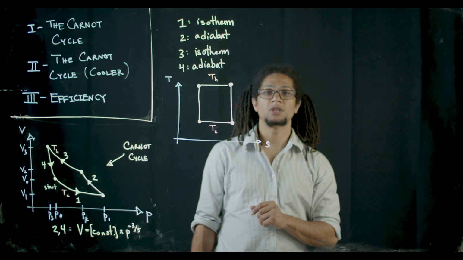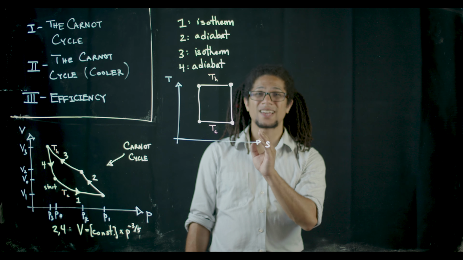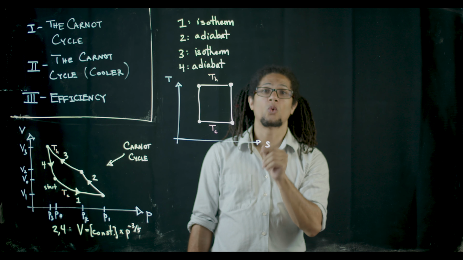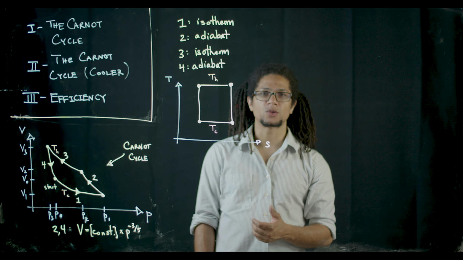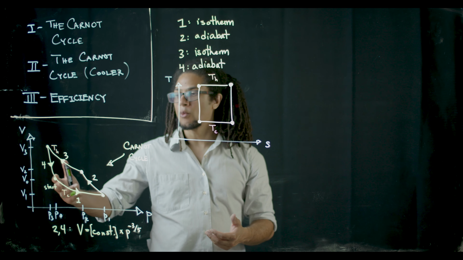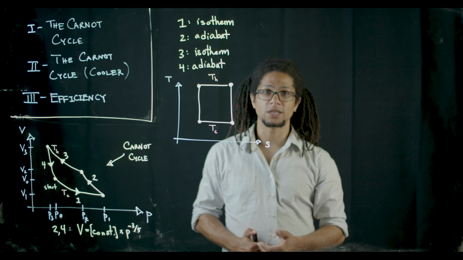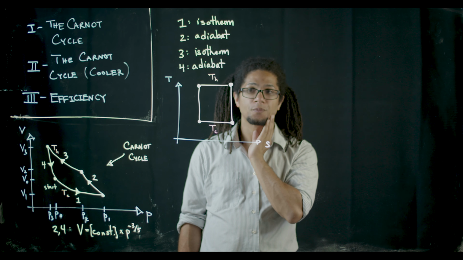Now it does remain to be shown that, in fact, this rectangle goes in one direction or the other. And we could do it in a number of ways. We would need to figure out what the entropy is at the various points here in order to see which way we should go.